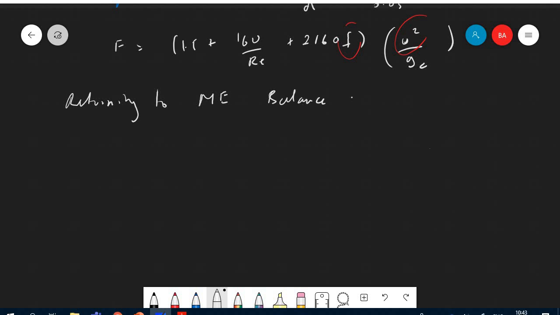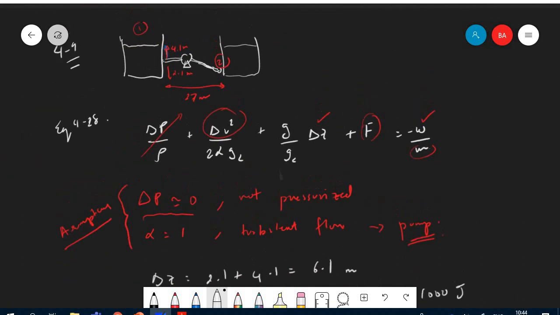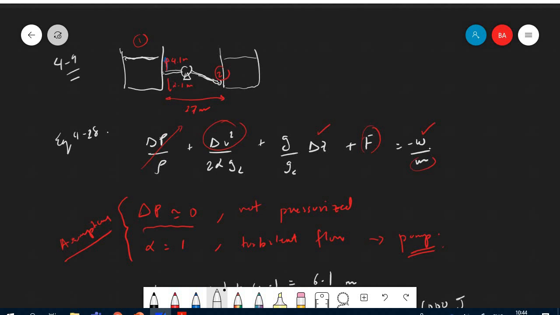So what do we have? My equation now is delta P was 0, plus u square over 2, because we said it's delta u square, right? But we are considering that the output is from the pump, which is high velocity in comparison to the input, which is 0.1 at the level of the tank. So the point here, you're considering u1, and here we're having u2, and u1 is nothing in comparison to u2.